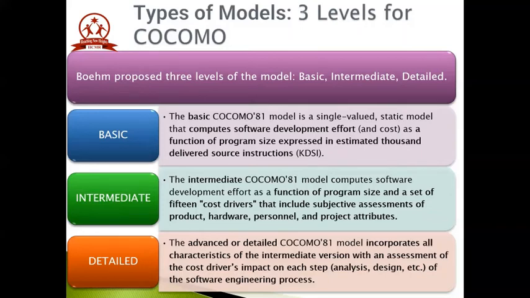The first level, that is the basic COCOMO, can be used for quick and slightly rough calculation of the software cost. Its accuracy is somewhat restricted due to the absence of sufficient factors considered about the project.